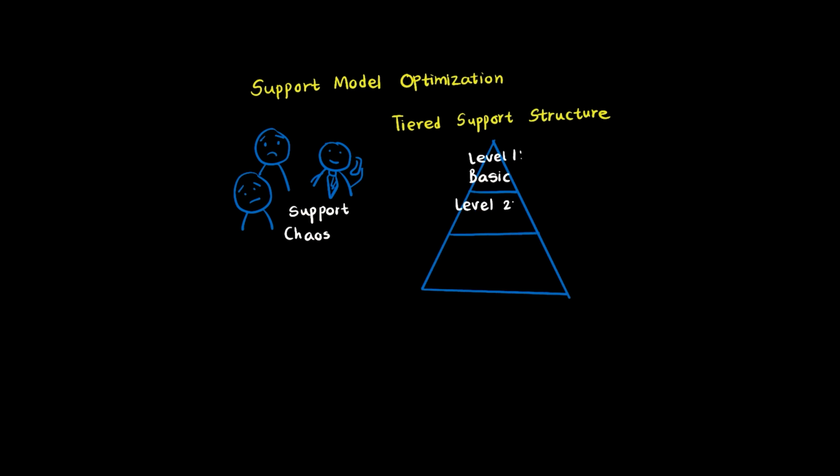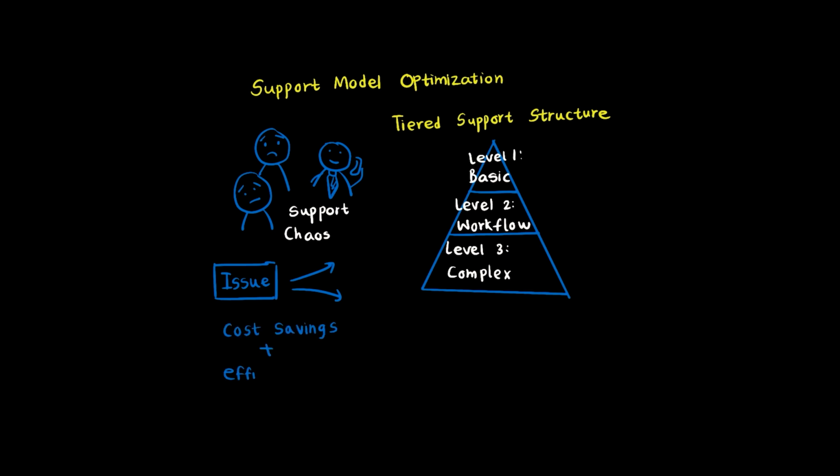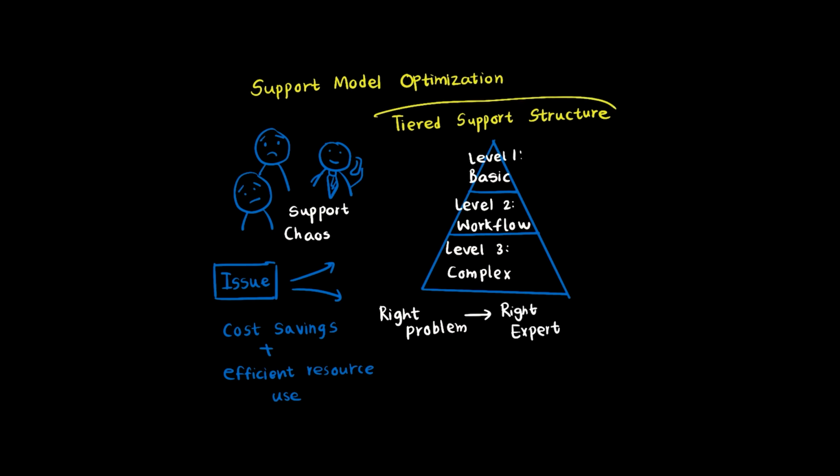Quick fixes by junior staff. Level 2 tackles workflow problems and configuration issues. Experienced technicians. Level 3 addresses complex clinical integration problems. Senior specialists. Users get fast resolution for simple issues while complex problems receive expert attention. It's cost-effective because you're not paying specialists to reset passwords, yet critical issues still reach the right experts. Everyone wins.